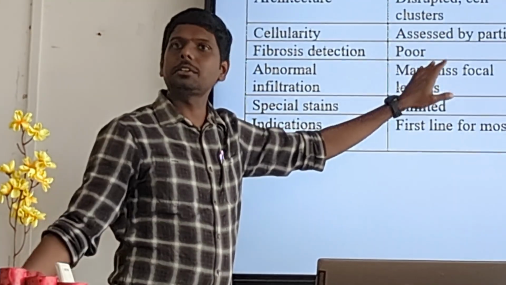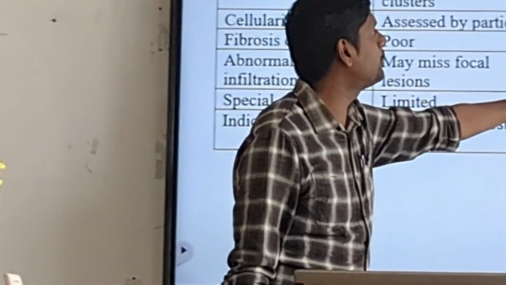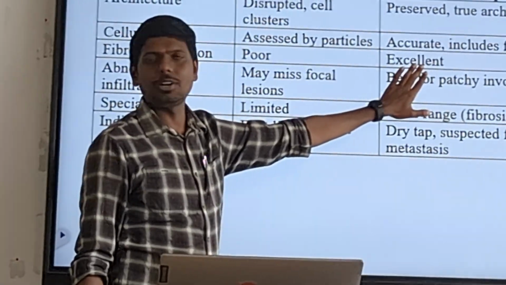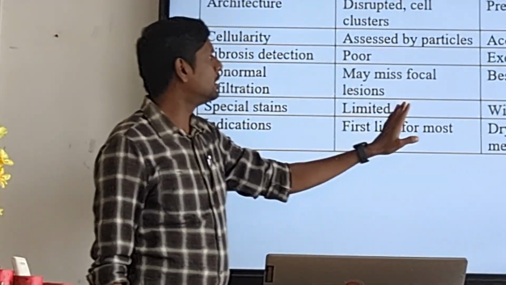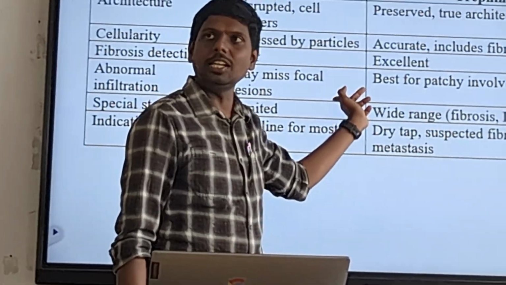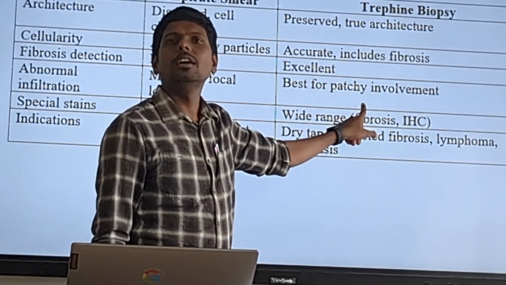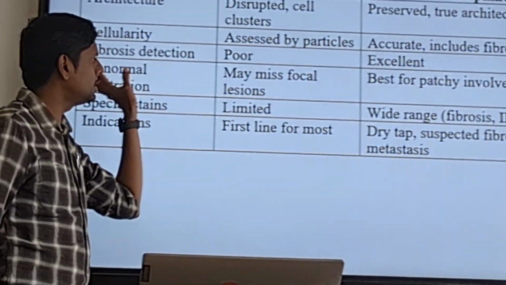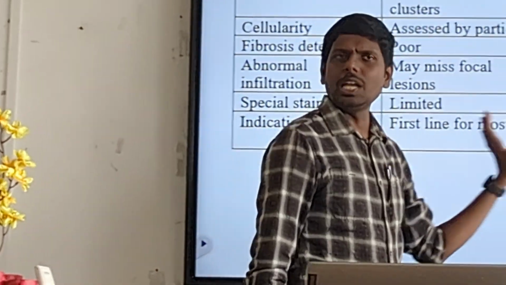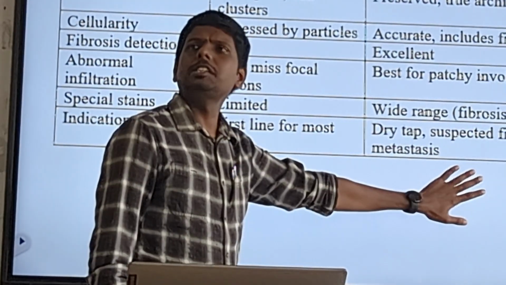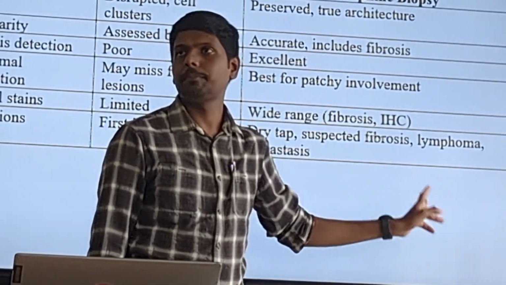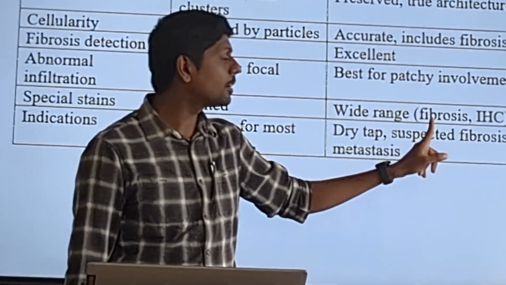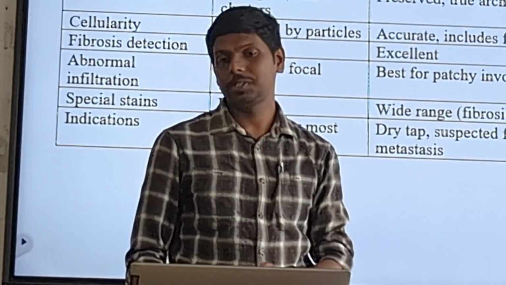That cannot be detected by the aspirate fluid, but that can be appreciated by a biopsy, okay? Then abnormal infiltration of any cancerous lesions can be seen by a biopsy. So that's it. And dry tap. Whenever there is a dry tap, biopsy is the best thing to identify the root cause of the dry tap.